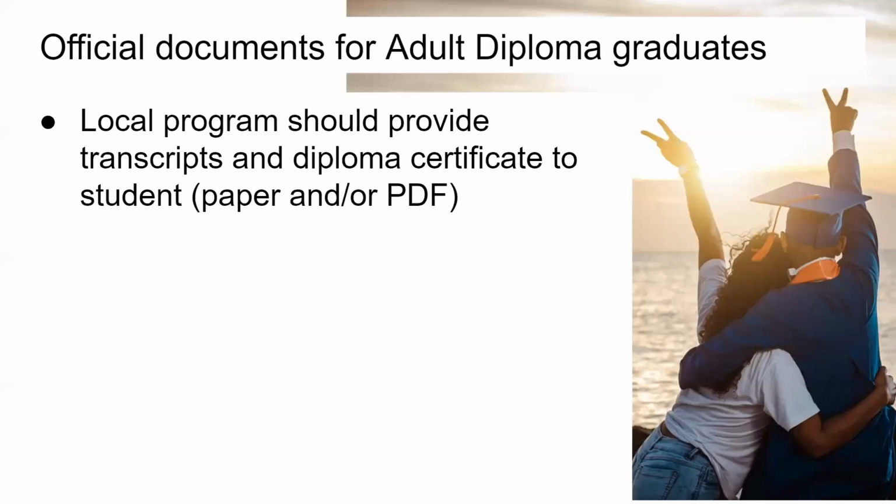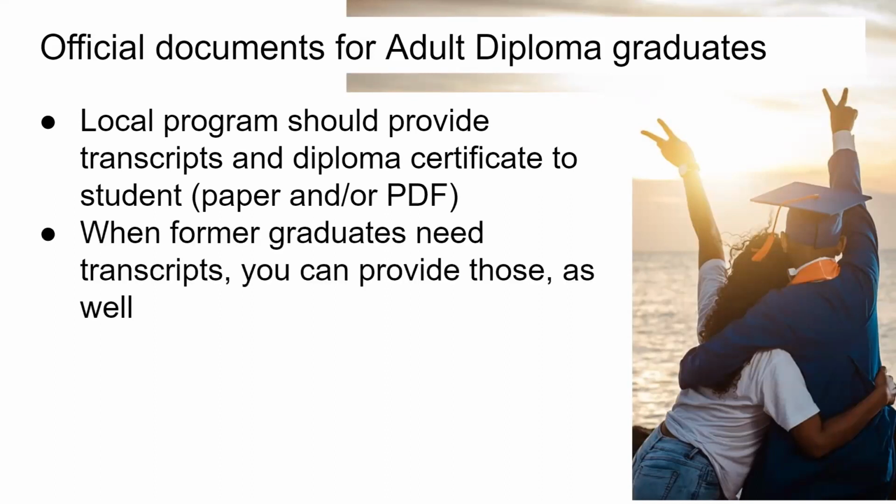Another thing that has come up recently in our office that we want to review with you: you have official documents for your graduates within SID. So you have transcripts, you have a diploma certificate, and when a student completes their adult diploma and it is passed and they are awarded that diploma, you go ahead and provide them their transcripts and their diploma printed out on paper and/or in PDF form.